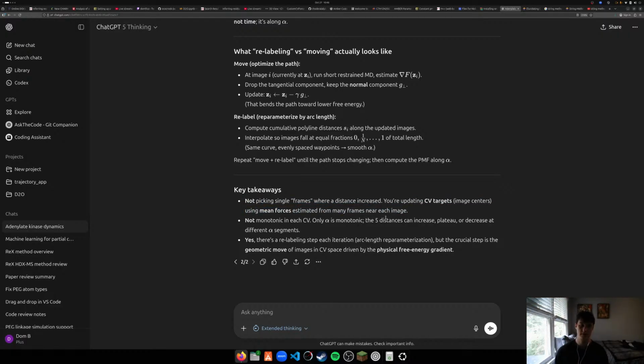Now I'm picking single frames. You're updating CV targets using mean forces estimated from many frames near each image. So after each update, we are asked to simulate around the CV.